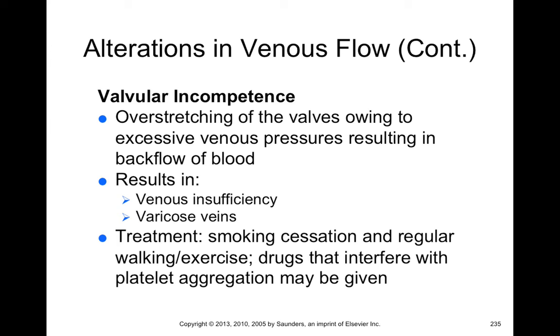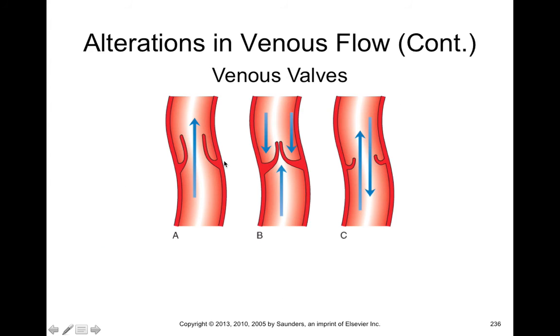Now, the treatment for this would be to stop smoking, as well as regular walking and exercise can get venous blood flowing properly, and drugs that can interfere with platelet aggregation can also help to alleviate valvular incompetence.